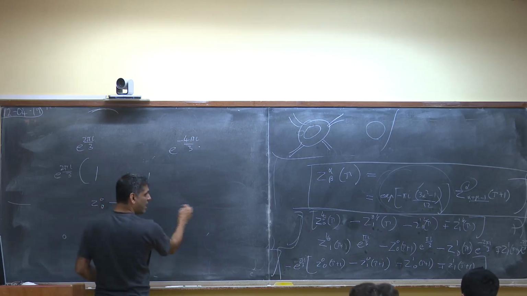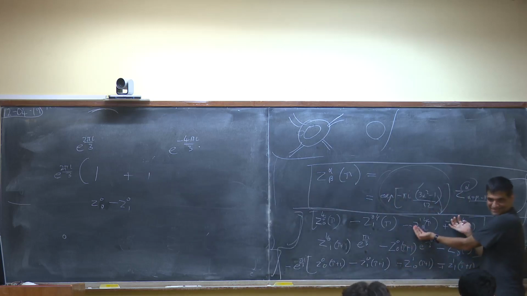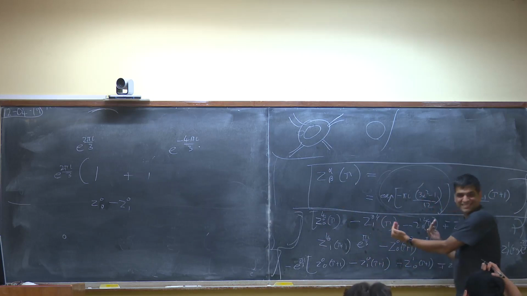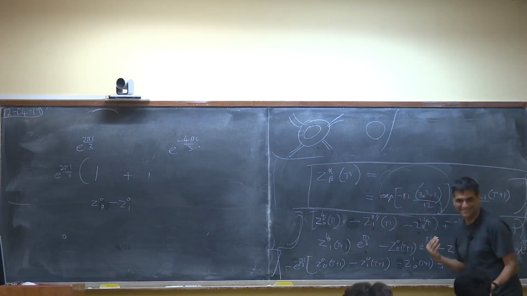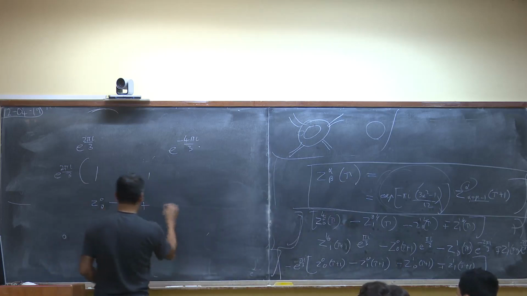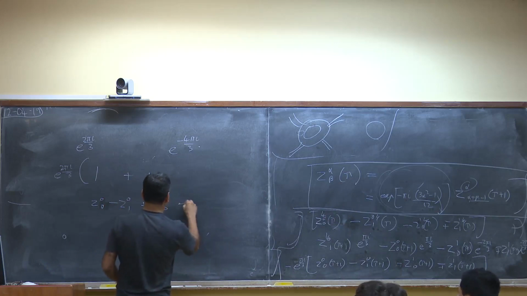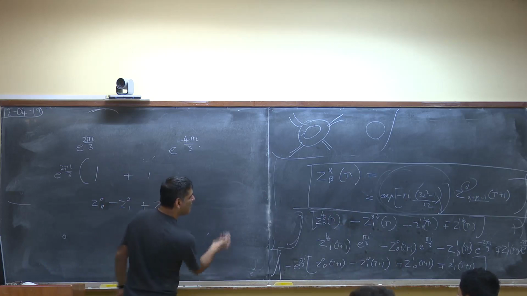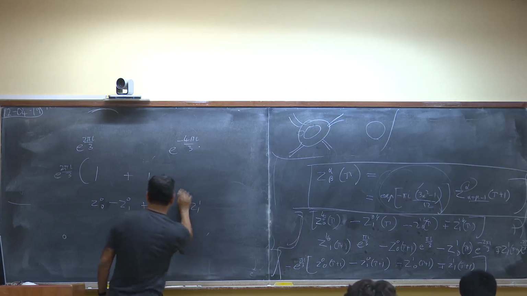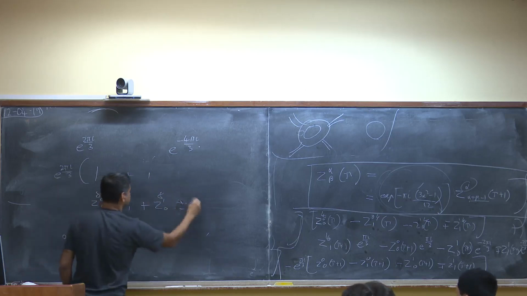And now what we had was this strange relative minus sign between these two terms and those two terms. And that relative minus sign was being cured. So now what we will have is plus z10 and then minus plus z11, plus minus z11, and the whole thing to the power 8.